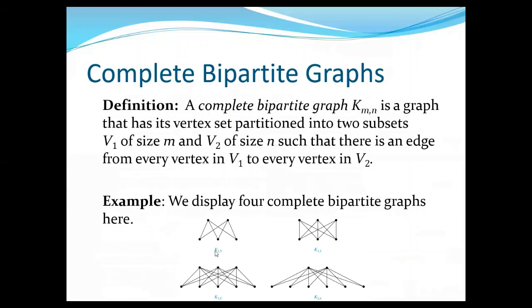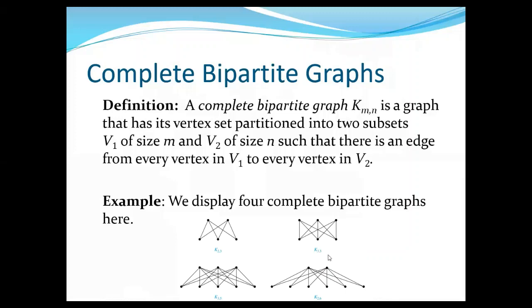For example, we have graph K 2,3. It means the first group will have two vertices, and the second group will have three vertices. The first connects to each of the three, and the second one too. So that will be a complete bipartite graph for this scenario.